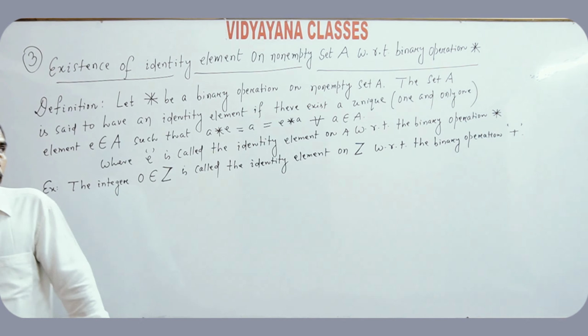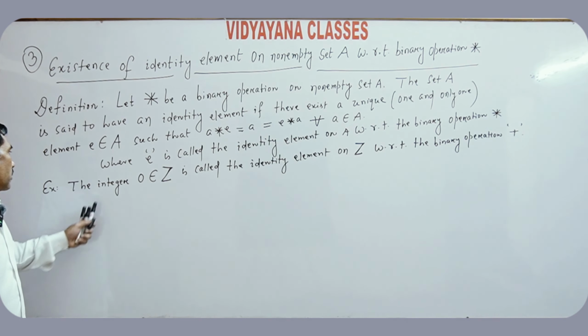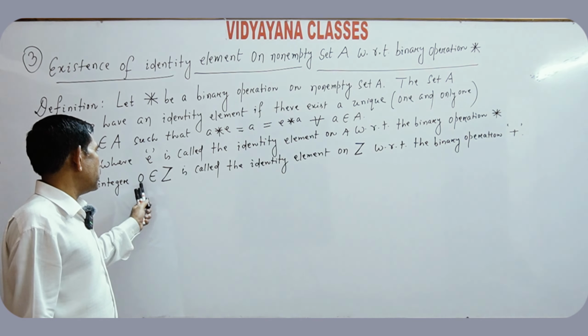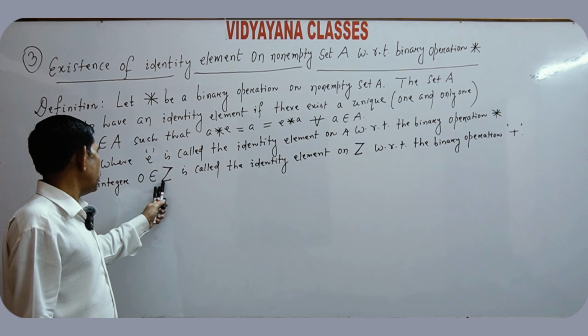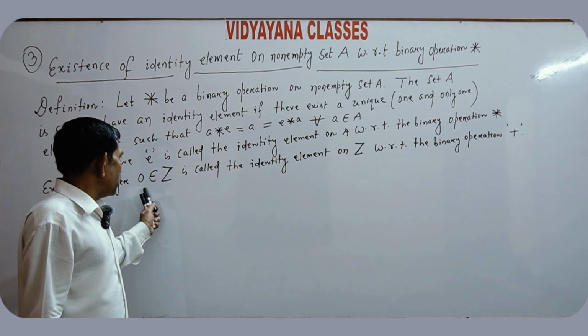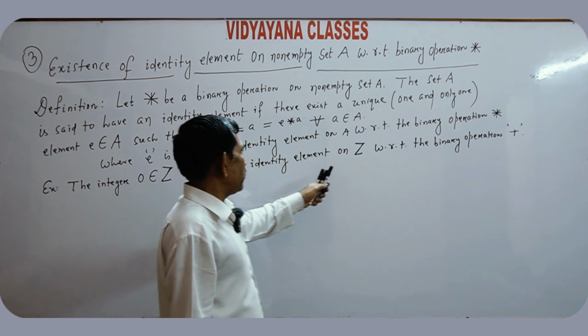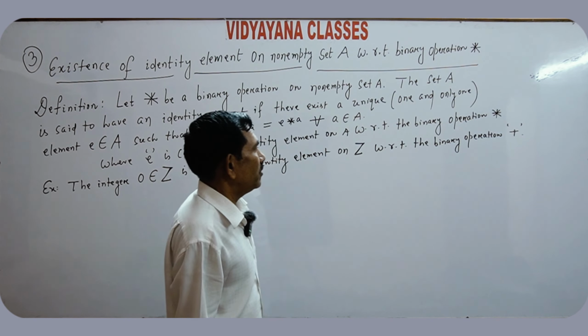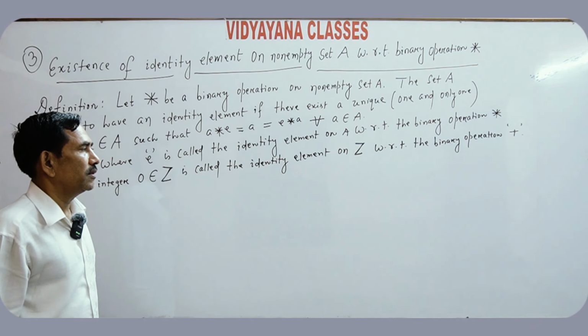The addition is denoted by plus sign. Z contains 0. 0 is called the identity element on Z with respect to the binary operation plus, that is addition.